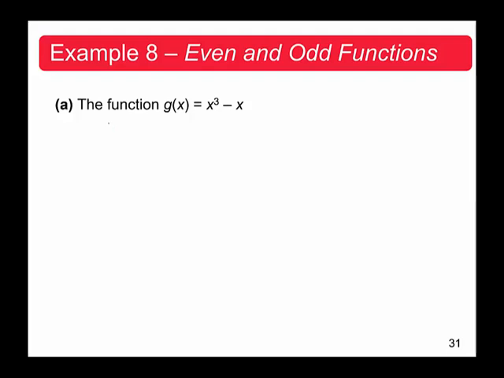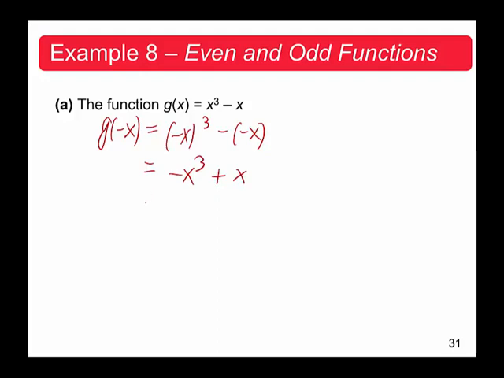The most important thing is to determine what is g of negative x. We go back to the function and replace x with negative x. So we get negative x cubed minus negative x. Simplify, we're going to get negative x cubed, adding x. Combine the signs and get that.